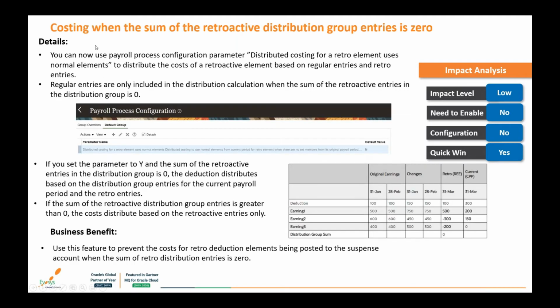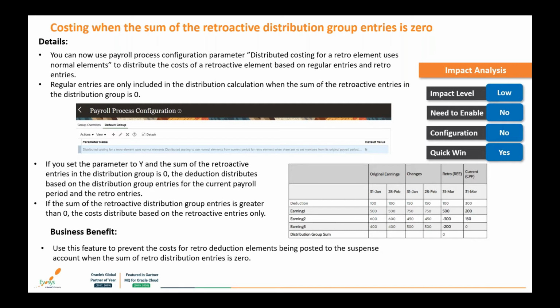And coming to the costing, when the sum of retroactive distribution group entries is zero. Normally we have issues when we are using a distribution set in the costing, where it pushes the amount into the suspense account when the sum of the values is equal to 0.